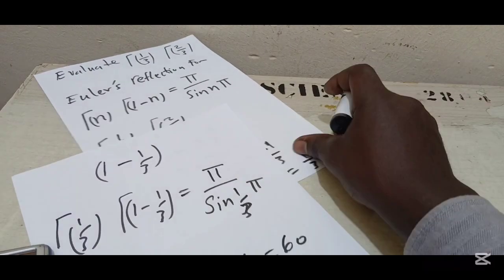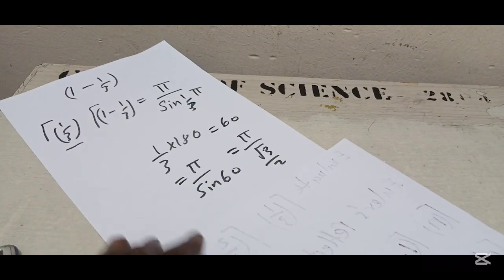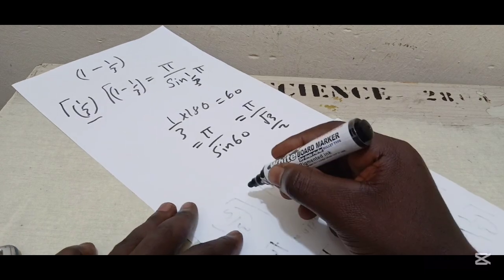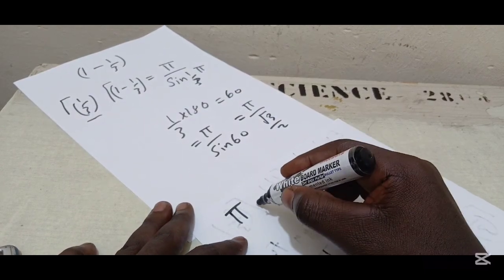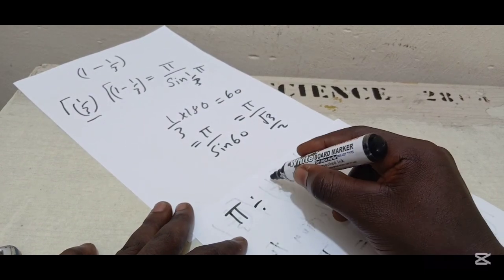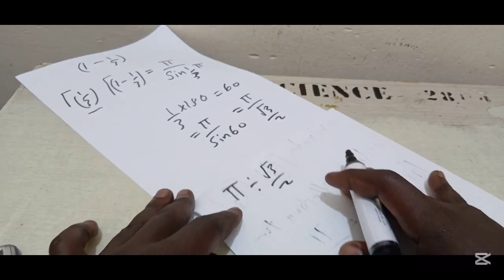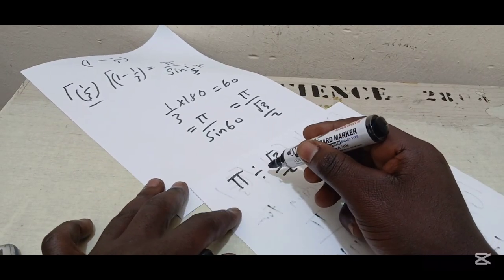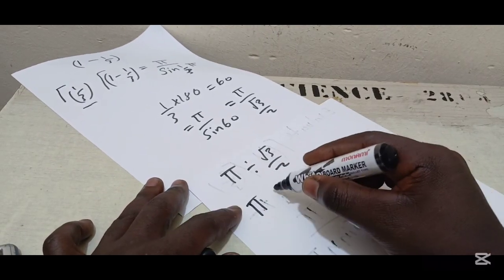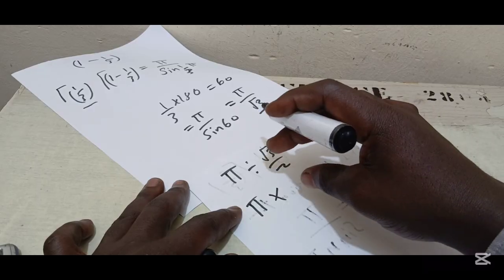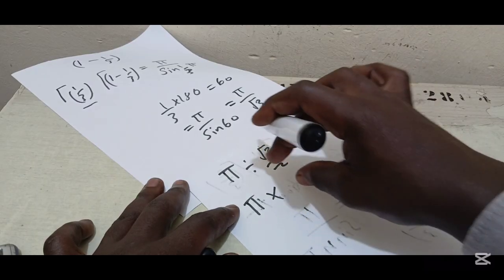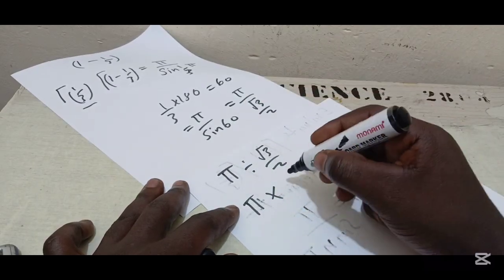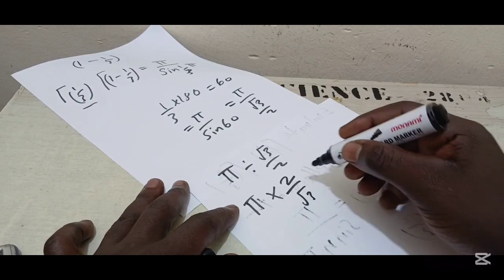So let's further break it down. I can write pi divided by root 3 on 2. Because I want to take off my division sign, this can be multiplied by, if I bring multiplication sign, I have to turn this term upside down. So it's going to be 2 on root 3.